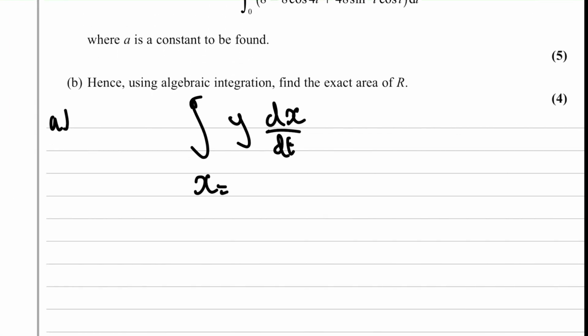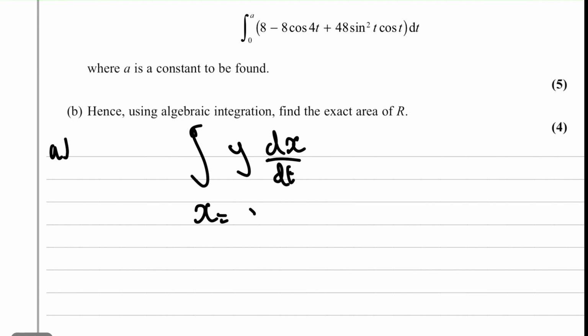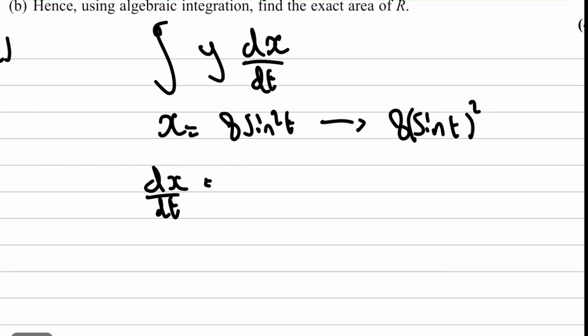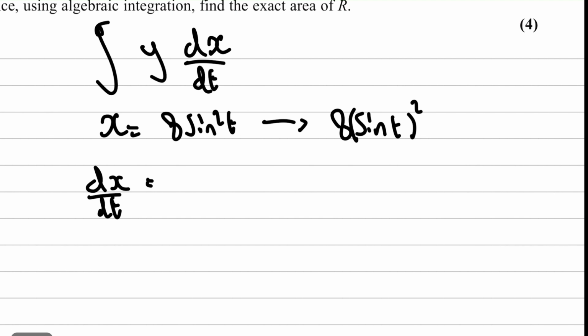So x is going to be equal to 8 sine squared t. Now dx over dt is what we want. To find that out, we're going to need to use chain rule. To do the chain rule, I'm going to rewrite this to make things easier to visualize. So 8 sine, I'll write this in bracket, all squared. Can you see here how the sine has a power of 2?